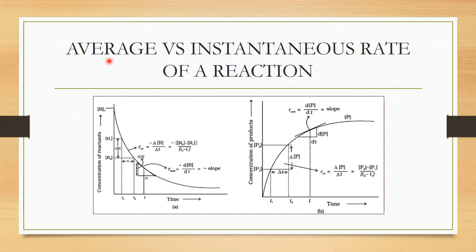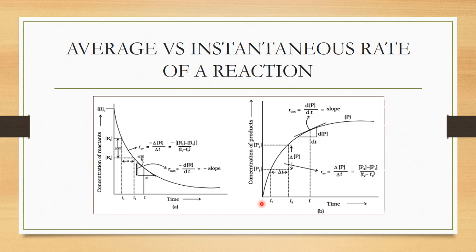instantaneous speed. How? We start a reaction and after regular intervals of time, we keep on noting the concentration of reactant, or you may start with the product. Initially the concentration of product is 0.